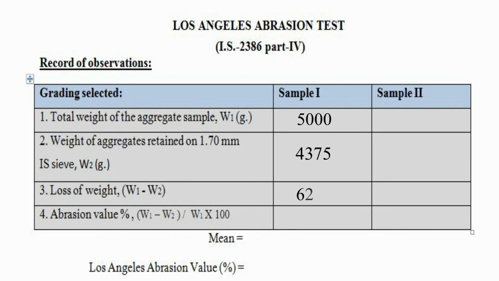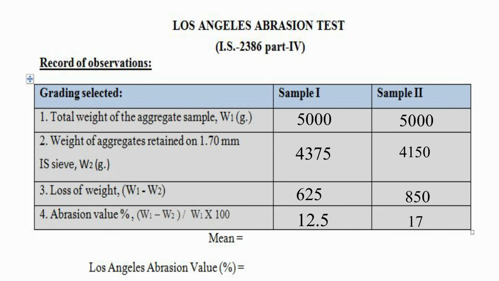Abrasion value, (W1 minus W2) divided by W1 into 100, is 12.5. Another sample reading: first, W1 gram is 5 kg; second, W2 gram is 4150 gram; third, W1 minus W2 is 850; fourth, abrasion value is 17.